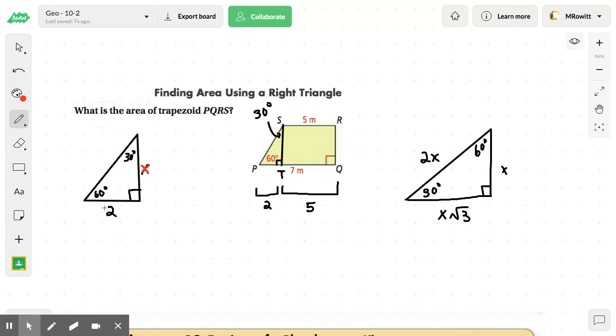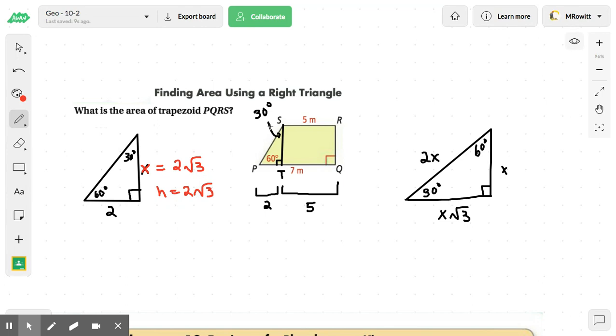Well, if I just figured out that x, the side across from 30, is 2, that means in this case, the side across from 60 is 2 radical 3. And suddenly I have that last dimension that I was missing to be able to solve this problem. The height of this trapezoid is 2 radical 3.